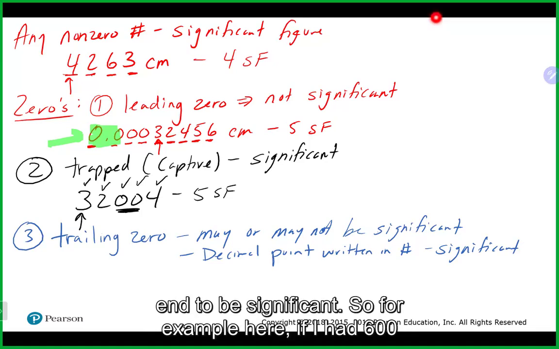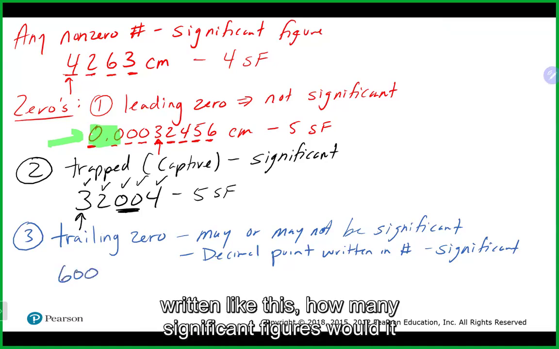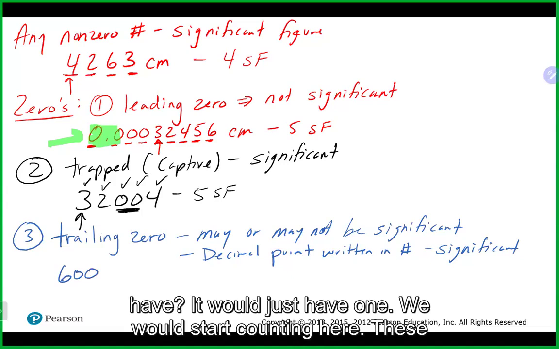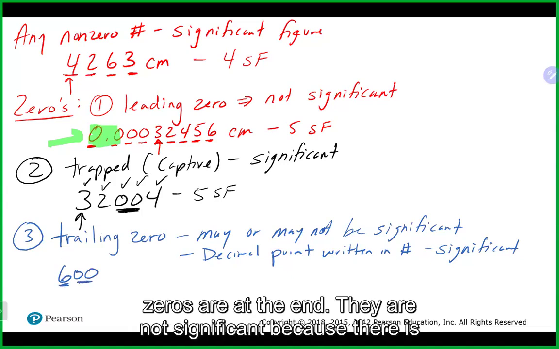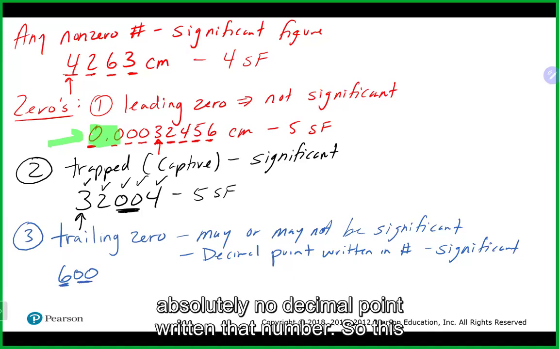So for example, here, if I had 600 written like this, how many significant figures would it have? It would just have one. We would start counting here. These zeros are at the end. They are not significant because there is absolutely no decimal point written in that number.